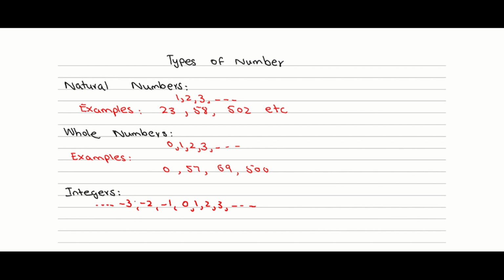So you have the negative numbers and the positive numbers in your integers. Some examples of integers: 57, negative 59, 0, negative 1, negative 100. All of these numbers are integers.